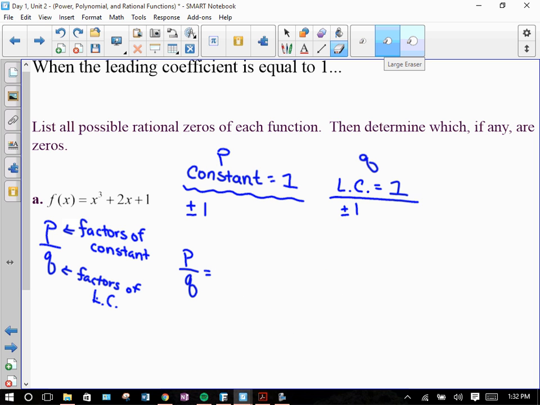P divided by Q is plus or minus 1. So what does this mean? If we graph this, the only places where this function could be equal to 0 and be a rational number, like a fraction or a nice number, are positive 1 and negative 1.